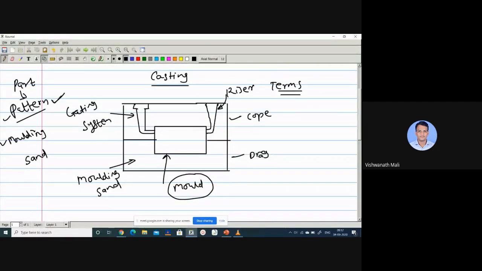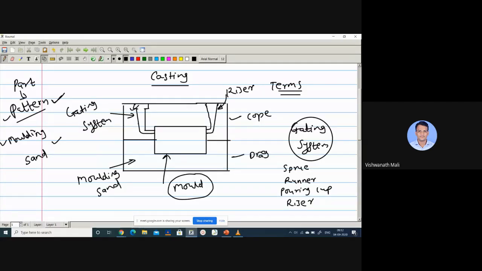Once we prepare the pattern, we will prepare the mold cavity with the help of molding sand. After molding sand, what are we going to study? We are going to study the gating system. So what does the gating system contain? It contains sprue, runner, pouring cup, and riser.